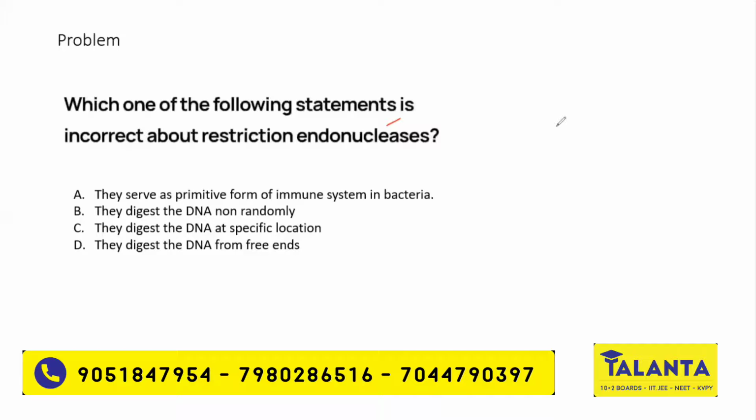And here is the last option, they digest the DNA from free ends. That is actually not true because in case of restriction digestion, restriction endonuclease, first they search for a specific sequence. On that particular sequence, they can cut. Okay, so if we consider this as a DNA fragment, then we are treating this DNA fragment with EcoR1, that is a special type of restriction endonuclease.